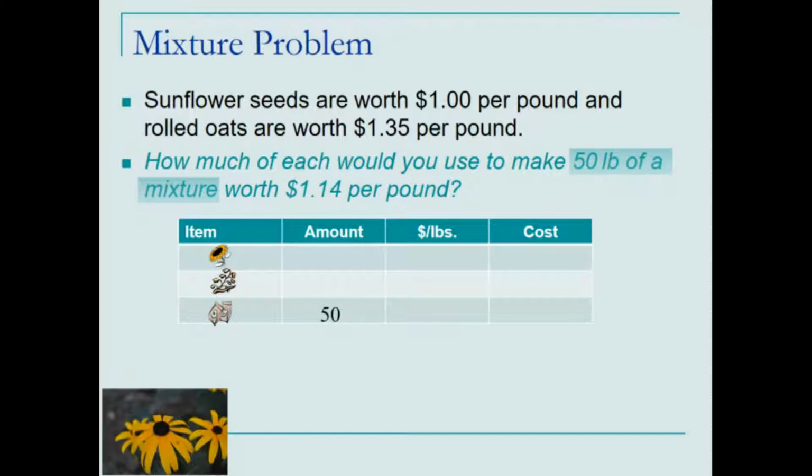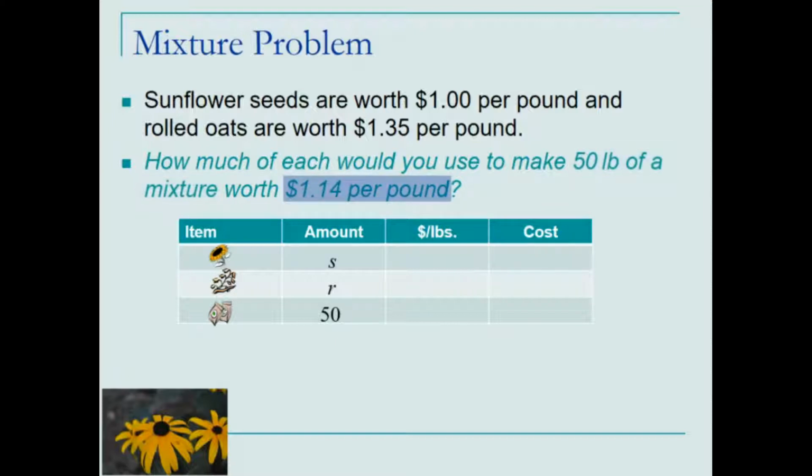There's no mention of how much sunflower seeds or how much for rolled oats, so we will represent those amounts in the table with S for the pounds of sunflower seeds and R for the pounds of rolled oats.